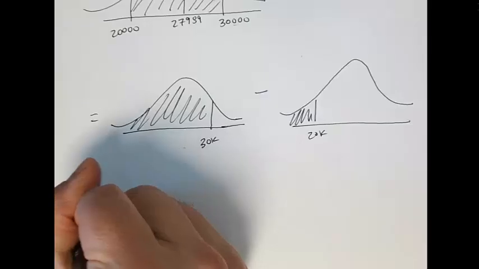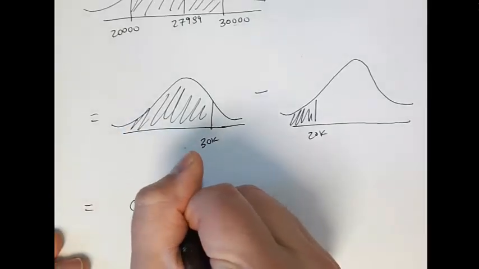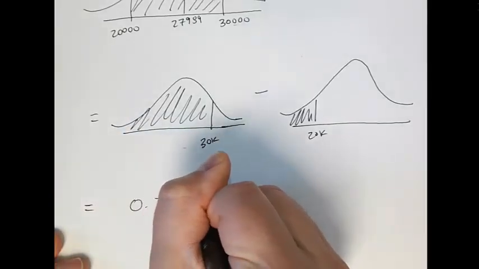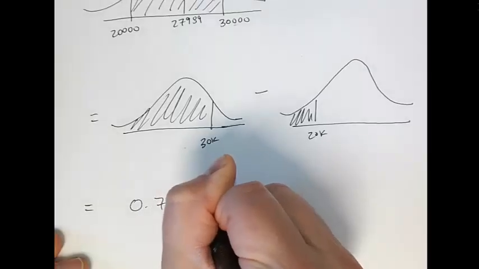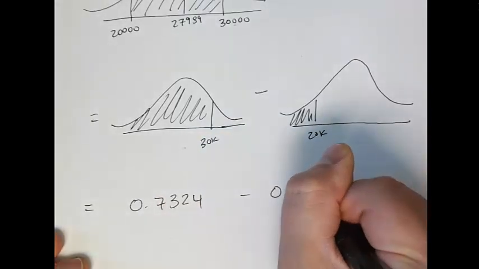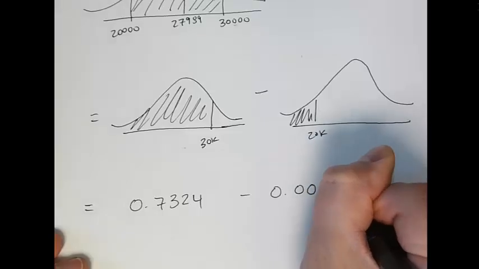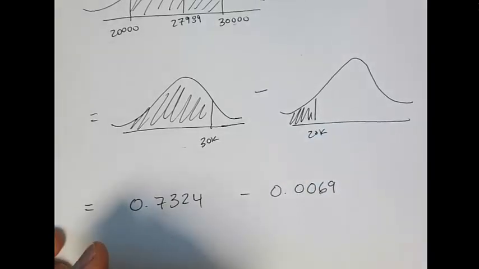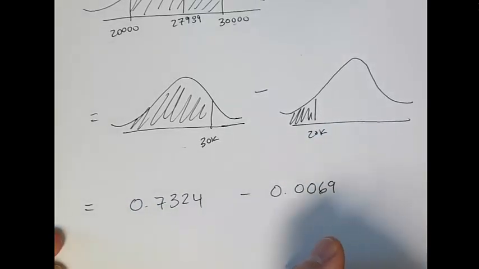Since I just found those two values, the area to the left of 30,000 is 0.7324, and the left of 20,000 is 0.0069. When I subtract those values, that gives me 0.7255. And then lastly, I need a probability statement.